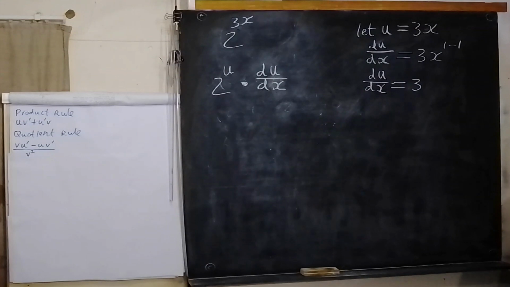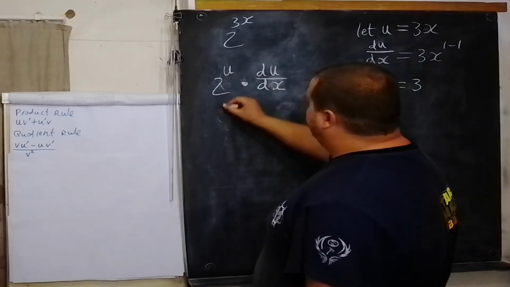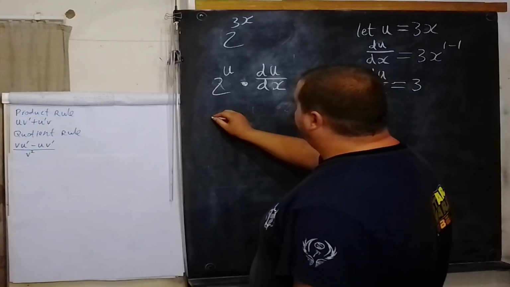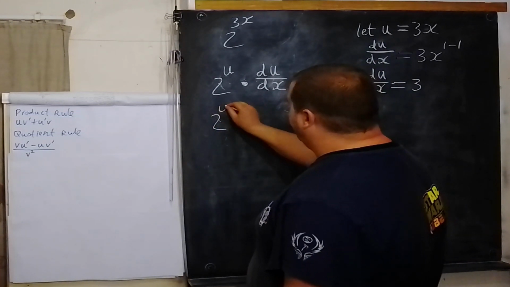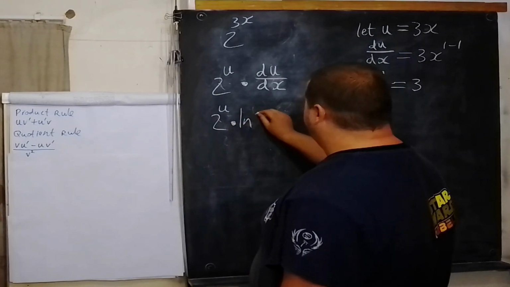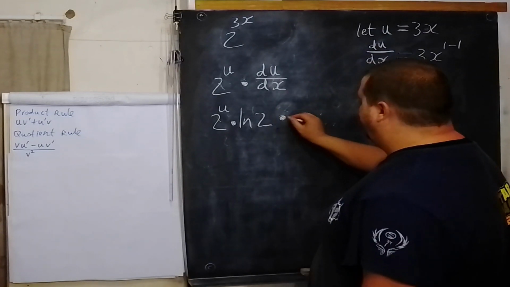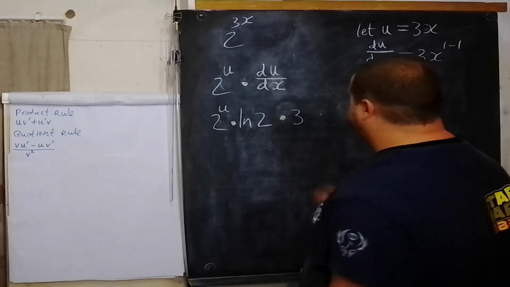Right, so now the derivative of 2 to the u is 2 to the u times ln 2, multiplied by 3.